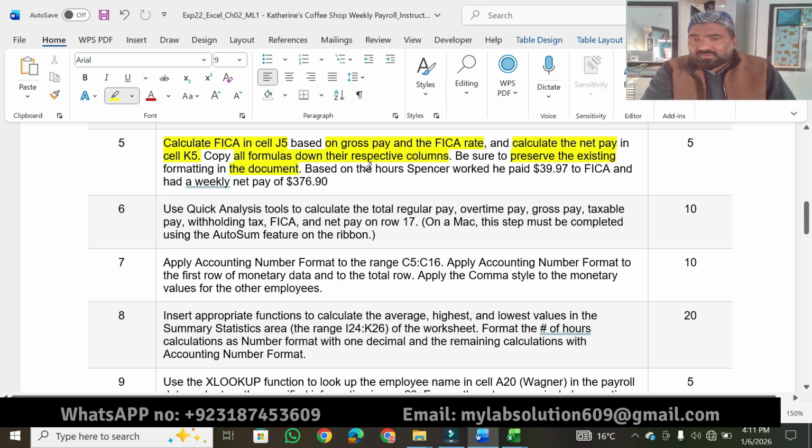Okay, based on hourly work, he paid 39.97 to FICA, and this is the weekly net pay. So we have to use all this information to calculate FICA in cell J5, and we will earn 5 marks from there.